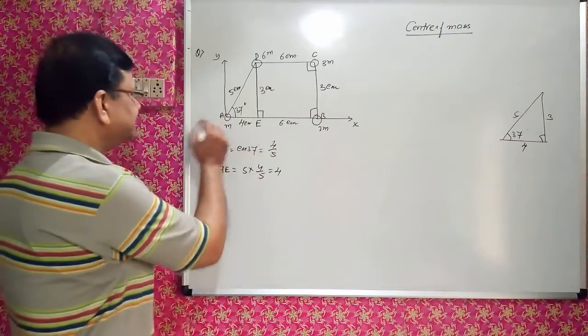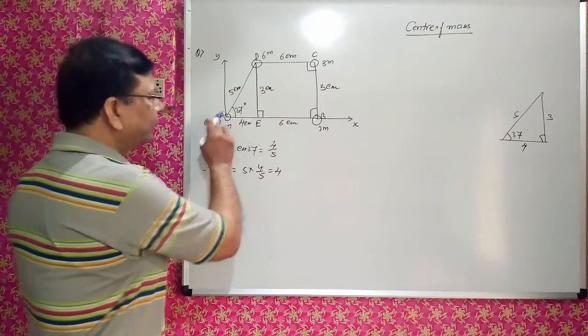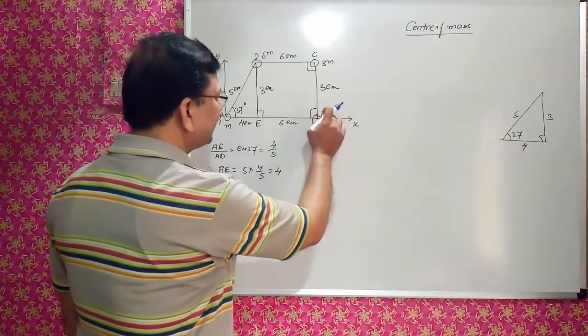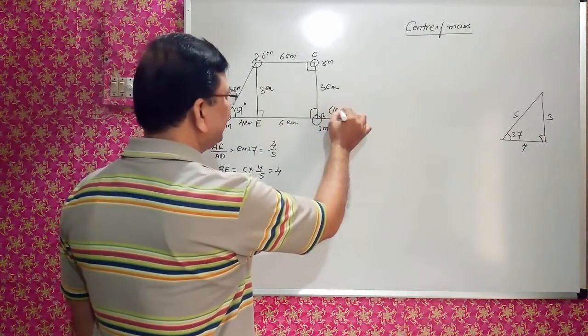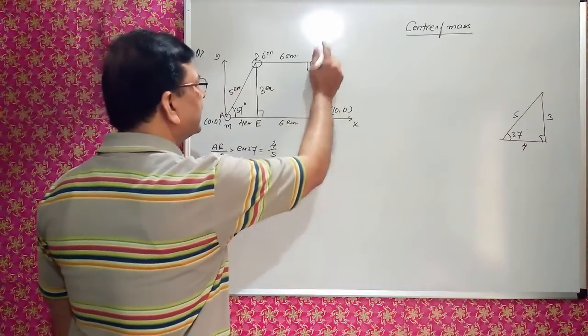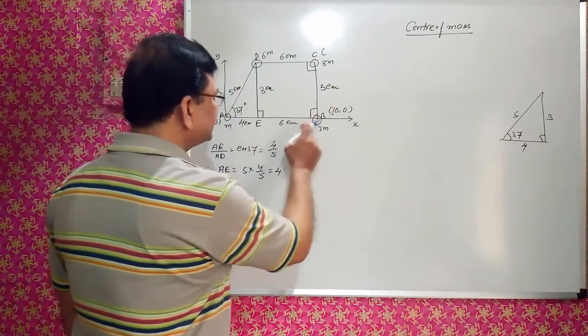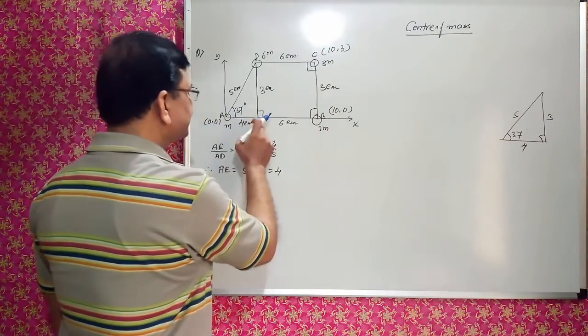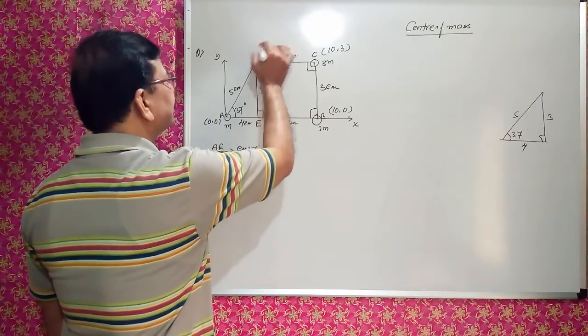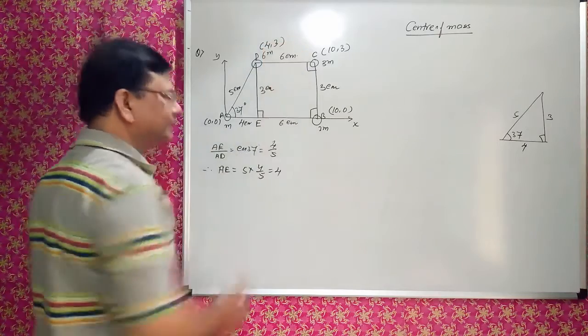So coordinate of this will be 0, 0. X coordinate of this point B will be 4 plus 6, that is 10. Y coordinate is 0. Here coordinate of this is x is 10, y is 3, that is 10, 3. Here x is 4, y is 3, that is 4, 3.